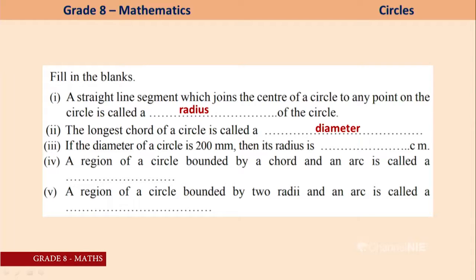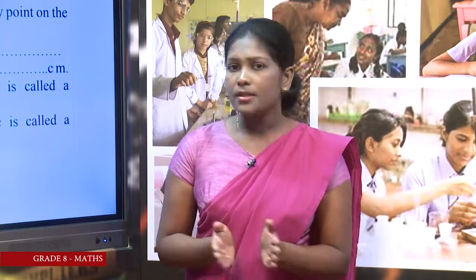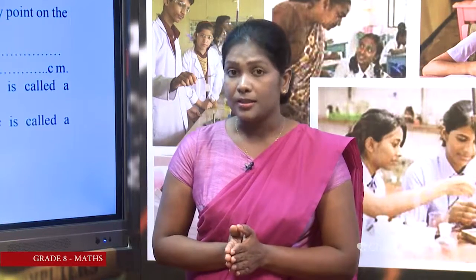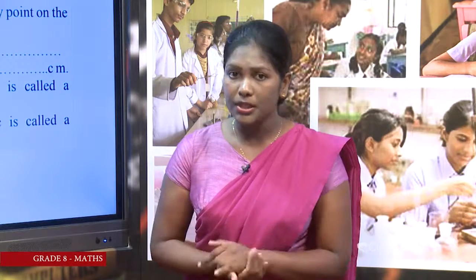Look at that question, 200 millimeters, diameter is 200 millimeters. Then, what is the relationship between diameter and radius? Yes, twice the radius is equal to the diameter.